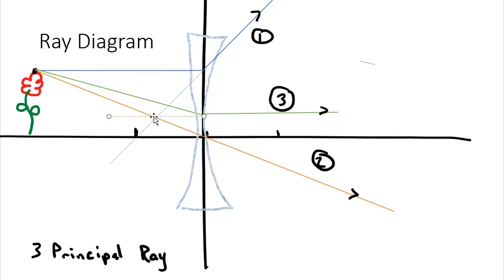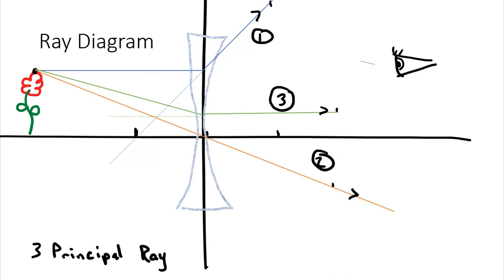But let me try and make this clear as I wrap this up. If I was sitting over here and I was looking at the flower through the lens, right? Then I wouldn't see these rays. I would see these rays because these are the rays of light that leave the lens.